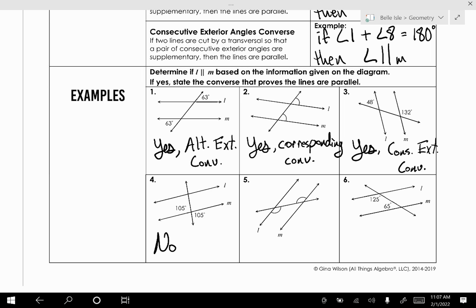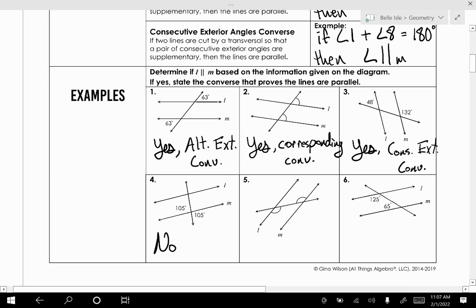Correct. Thank you. So we have to know stuff about both lines to determine if they're parallel. A vertical angle relationship happens anytime there's an intersection, right? This line up here doesn't matter at all in terms of the vertical. Could these still be parallel? They could be, but we can't prove it with just this information.